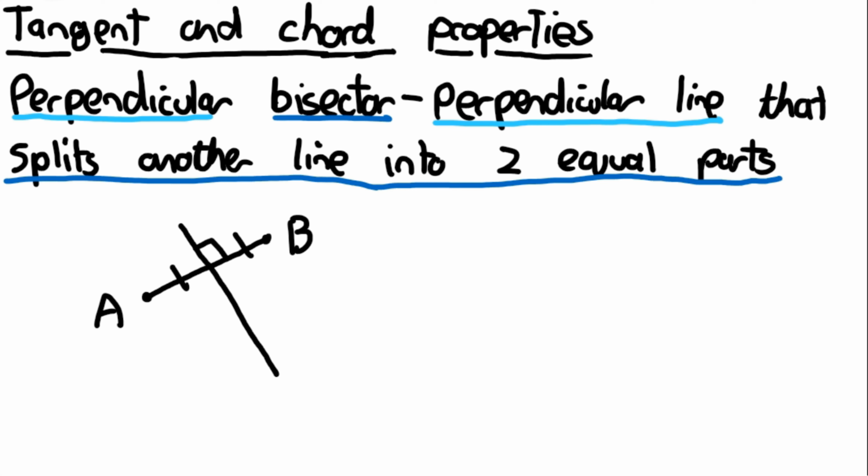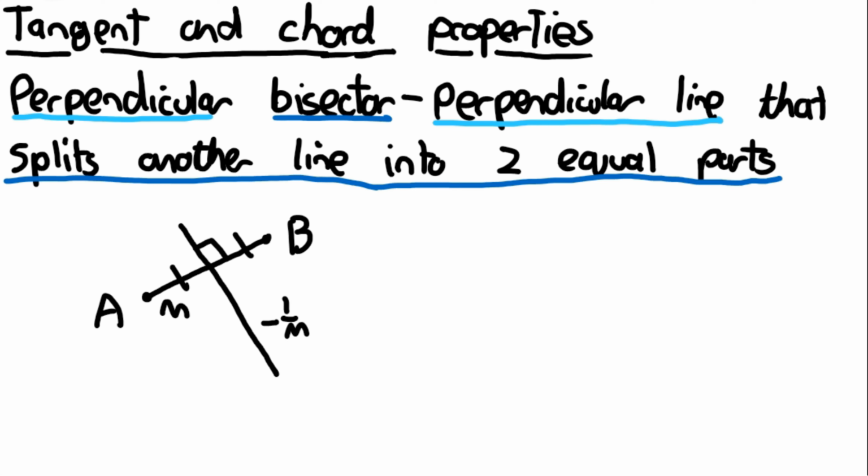And you're able to find the equation of the perpendicular bisector, because if you know points A and B, you can find the gradient of line AB, which let's say is m, and therefore you can find the gradient of the perpendicular bisector as just being minus 1 over m.